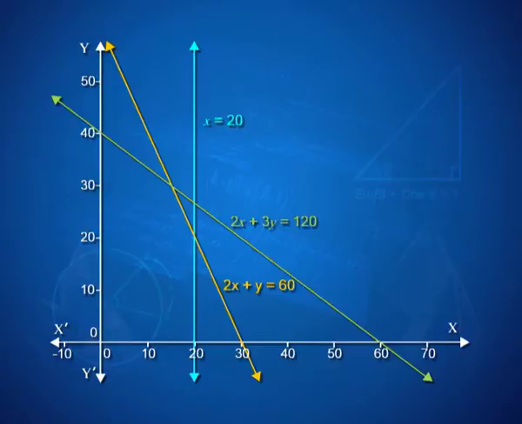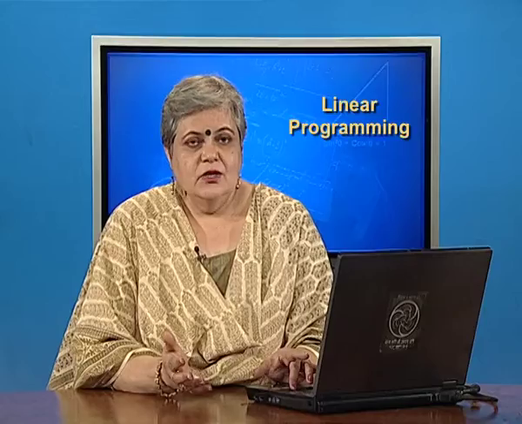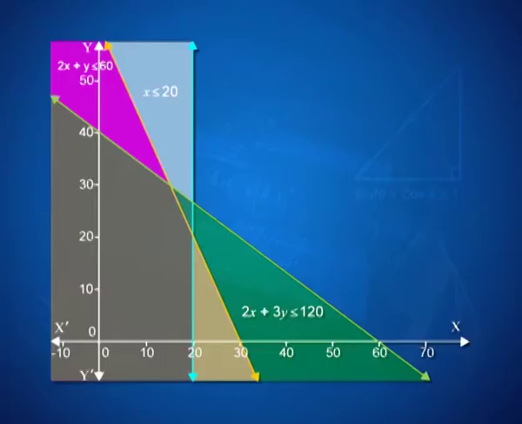If you put x equal to 0 and y equal to 0 in your first inequality, which is say 2x plus y less than equal to 60, do you think 0, 0 satisfies it? Yes. So, the shading will be the half plane which contains origin, whereas the same thing is happening for the other 2 straight lines.